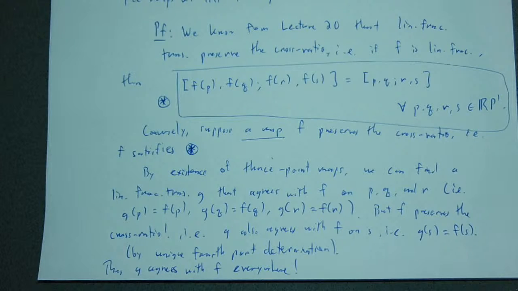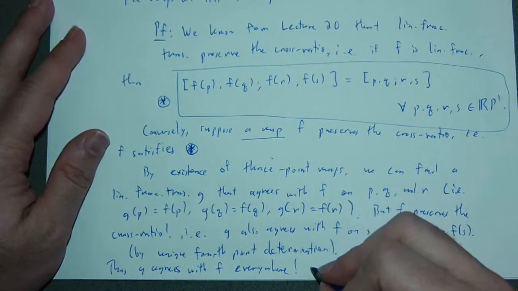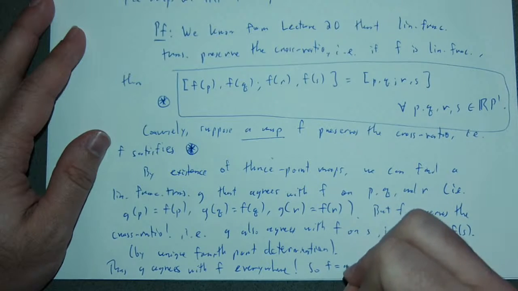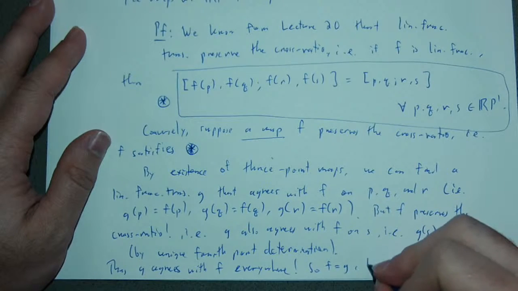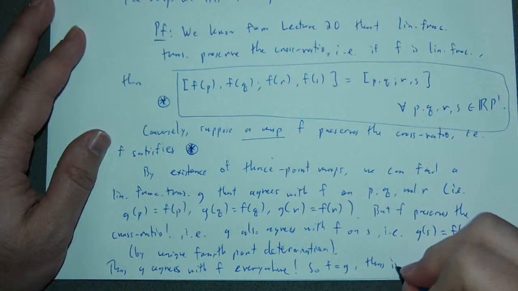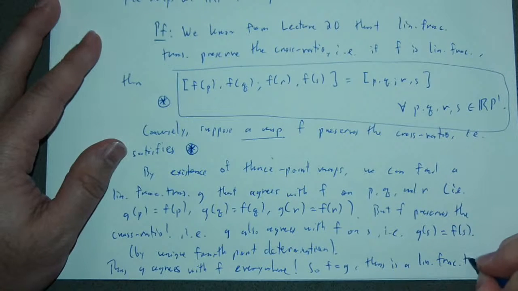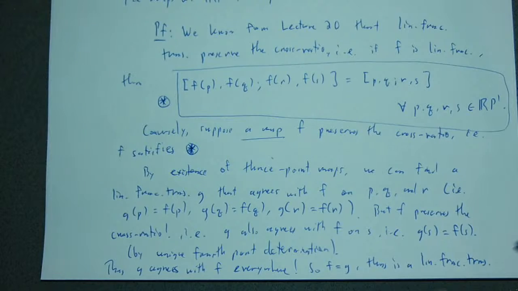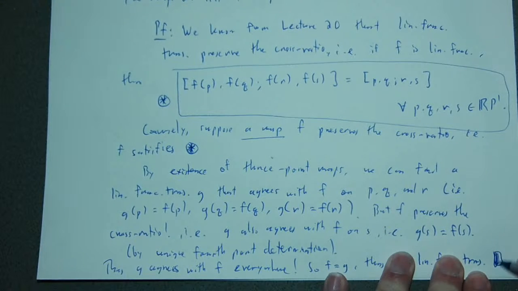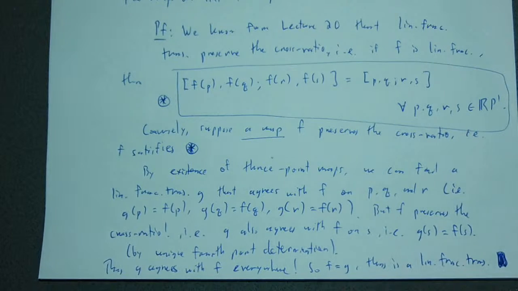G is equal to f, but G is a linear fractional transformation. So f is equal to G, thus is a linear fractional transformation. And that's it. That proof is a little trickier than the others that we've done, but it used everything that we had done before this.